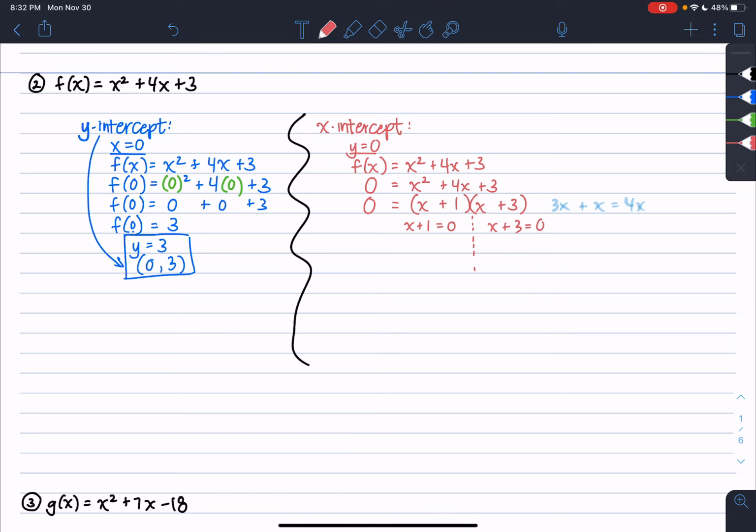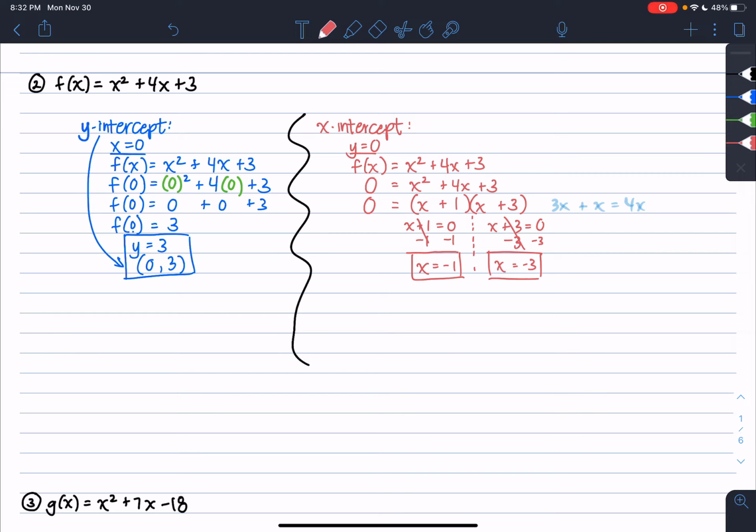Okay, so these ones are really nice. On the left, I'm just going to subtract 1 from each side, so that will give me x equals -1. On the right side, we can subtract 3 from each side, so we get x equals -3. And what does this all mean?